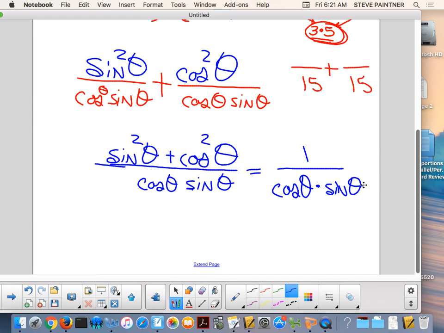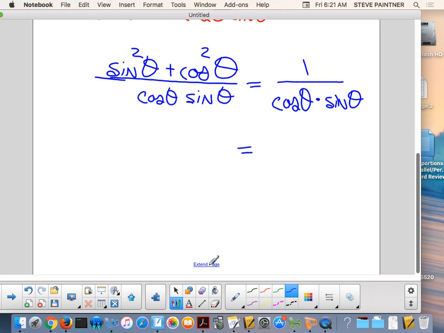Okay. And now if you look on the right side of this equation, it says secant times cosecant. Well, what you have here, you basically have a fraction 1 over cosine and 1 over sine. So if you really wanted to, you don't have to do this, but you could just break it apart into two separate fractions.